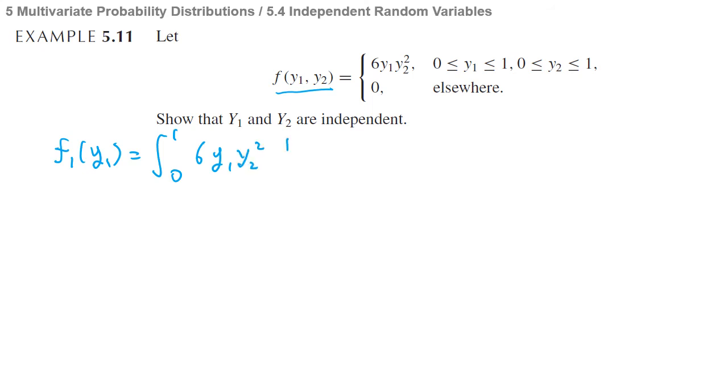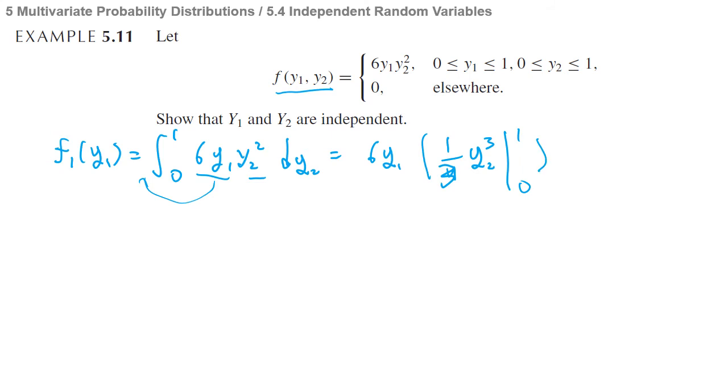dy2. For this integration, 6y1 is not dependent on y2, so we can move it outside and integrate the remaining part, which is 1 over 3 y2 cubed, from 0 to 1.